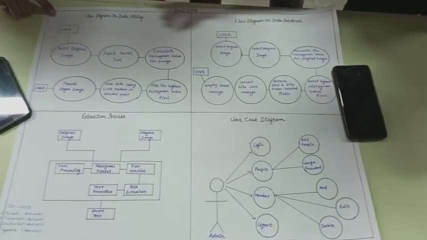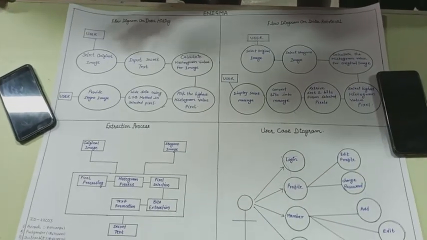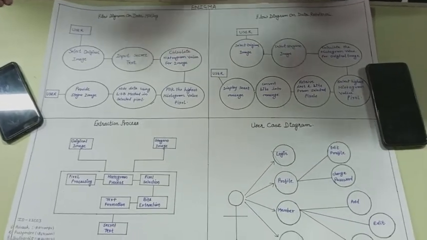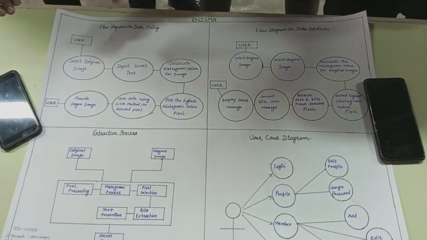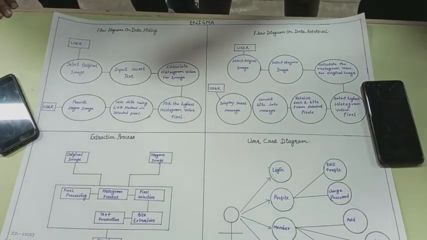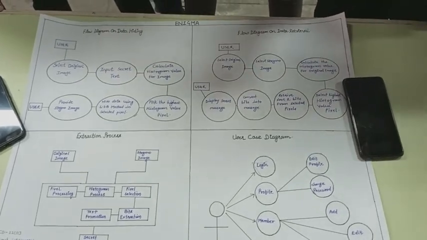In the flow diagram of data hiding, the user has the option to select the original image, and he can select the text which he wants to put inside that original image. Then once he clicks on the hide button, our system will calculate the histogram values with the help of the histogram algorithm for the image.